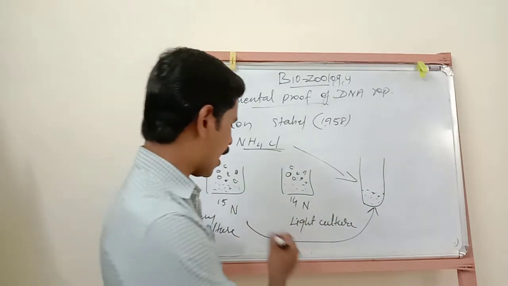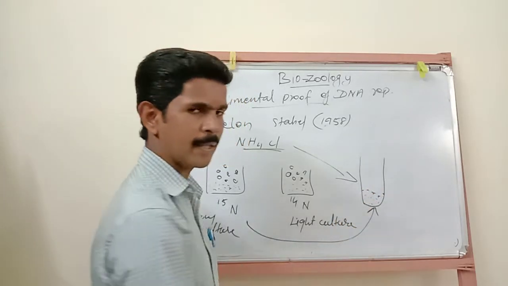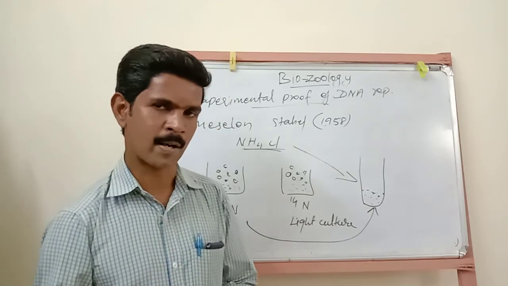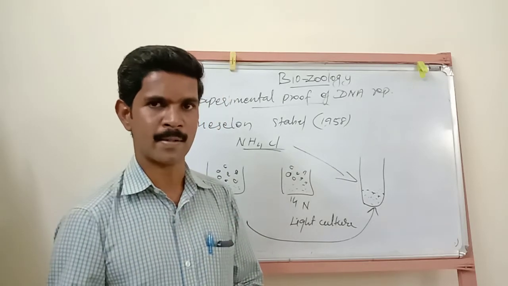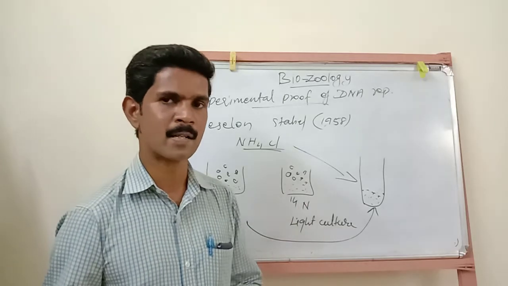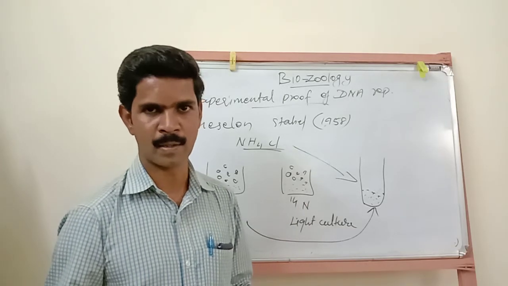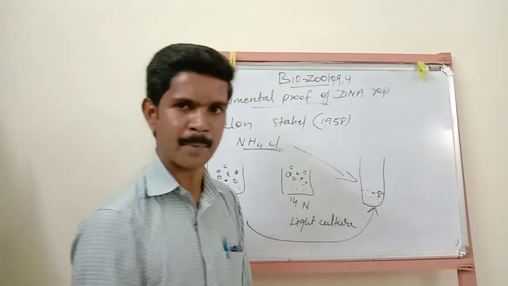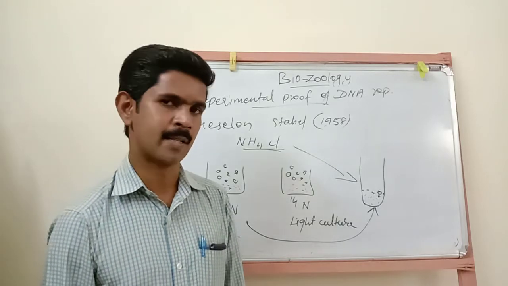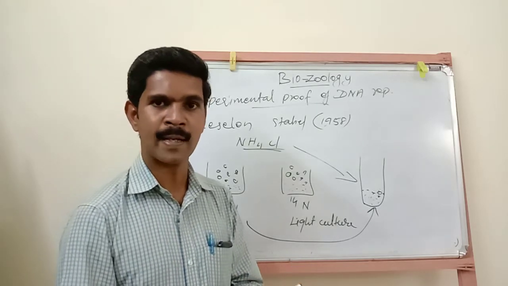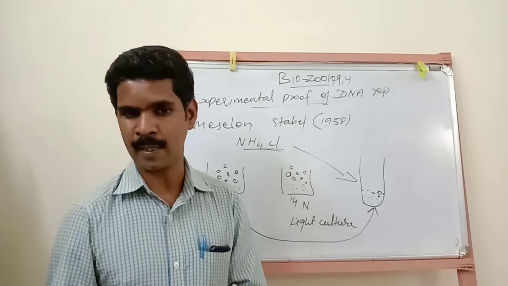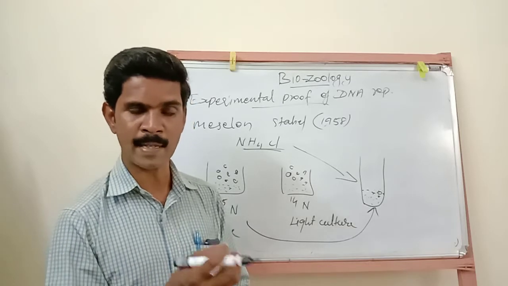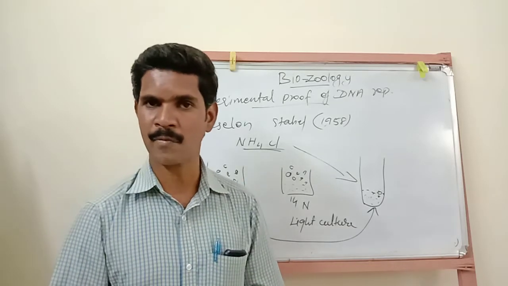After adding this DNA inside this culture medium, immediately the replication process started. Within 20 minutes, the first generation replication process was over. After 20 minutes, they took some samples from this culture medium and subjected them to the same density gradient centrifugation technique.